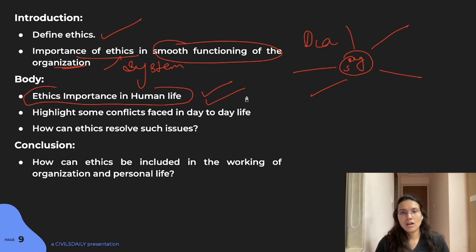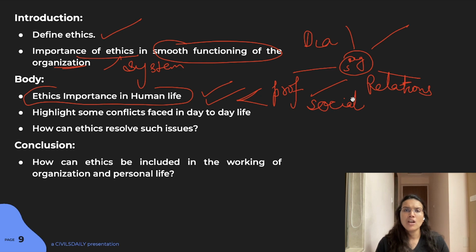Now here, what you can do is divide it into multiple sections. You can talk about professional life, what ethics can do with respect to a person's professional life, then social, meaning society interaction, and then personal relationships, like your mother, father, wife.